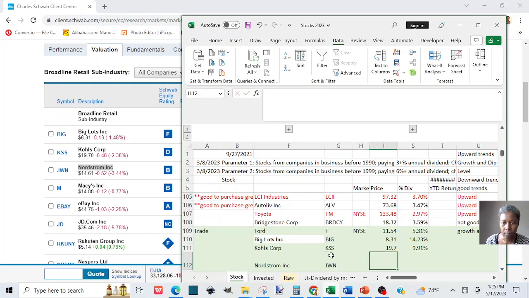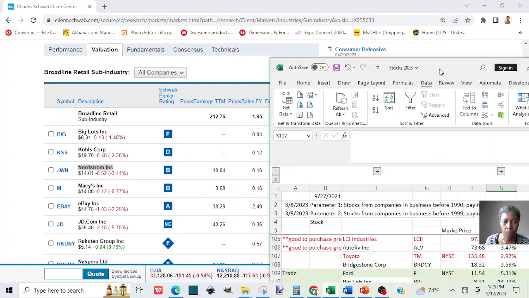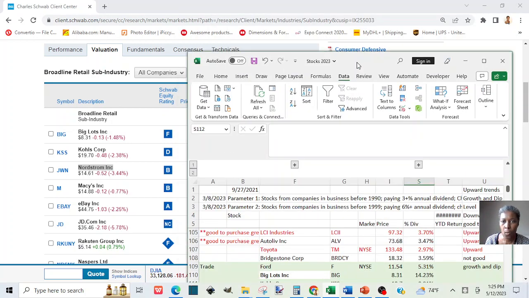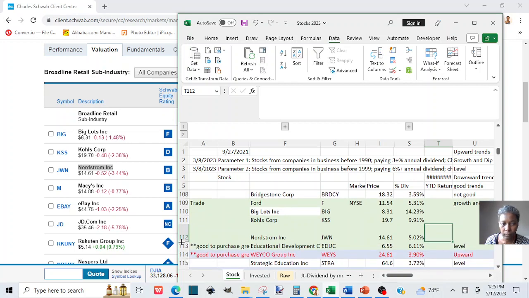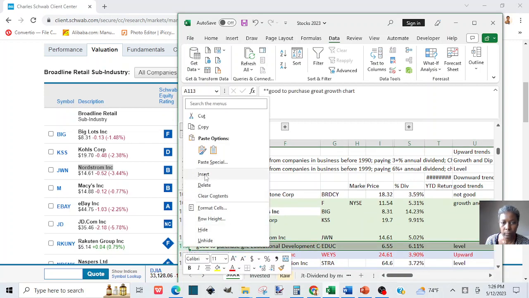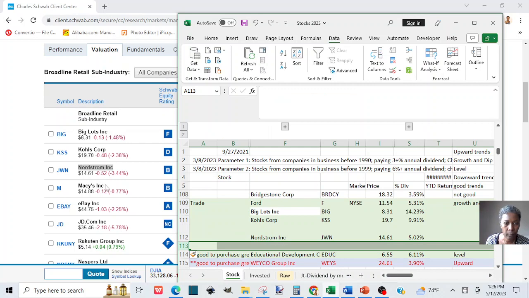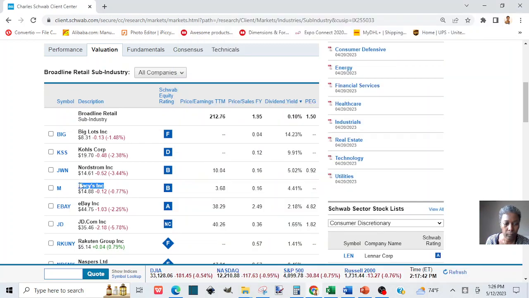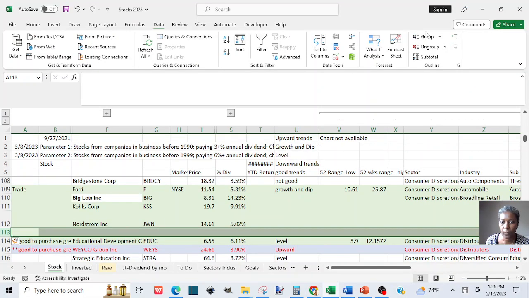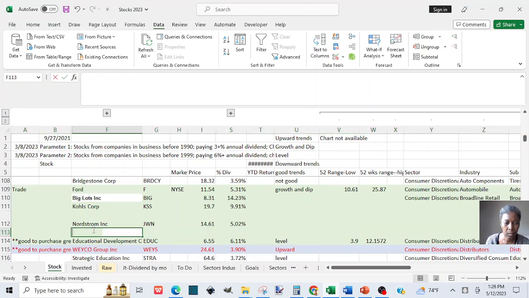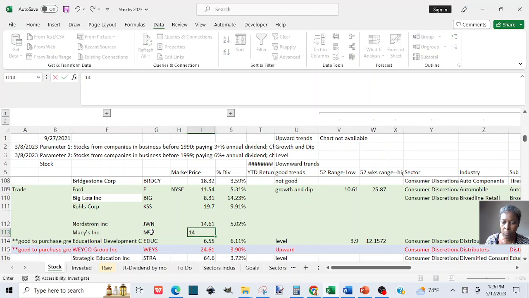JWN 14.61, 502%. And we have Macy's, I believe it's M 14.88.